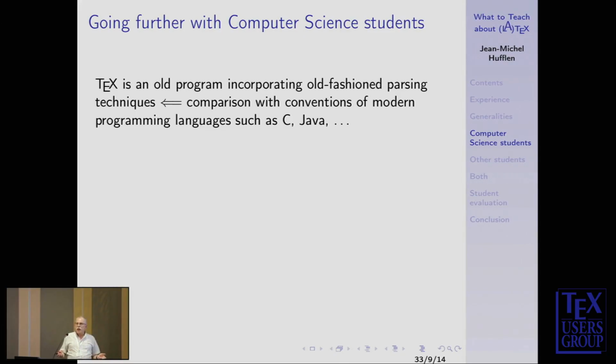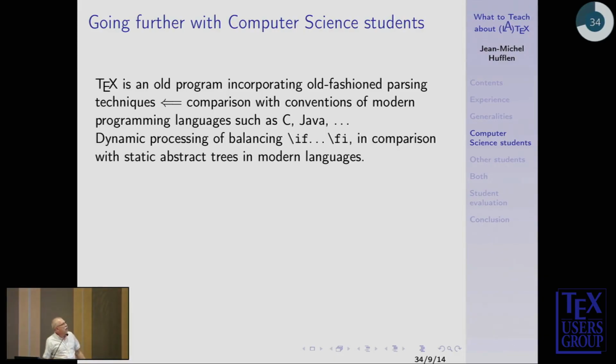For example, in TeX, there is no lexical and syntactic analysis. The analyzer is just encompassed. As another example, if expressions in TeX are processed dynamically, that's very different to what is done presently for modern languages.